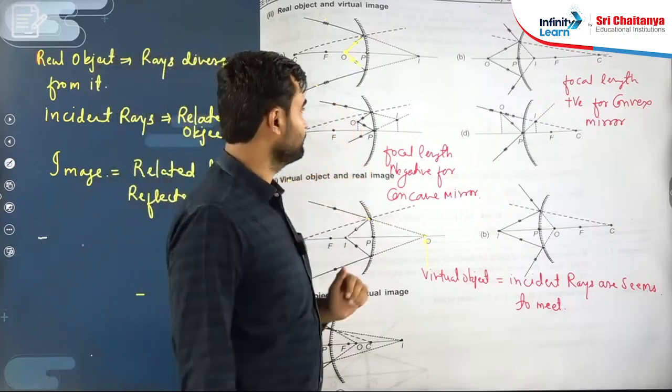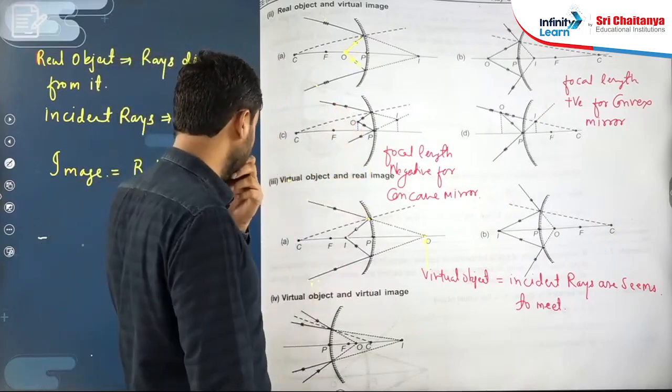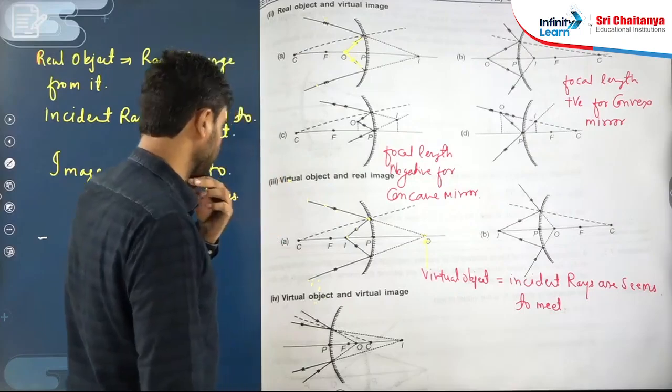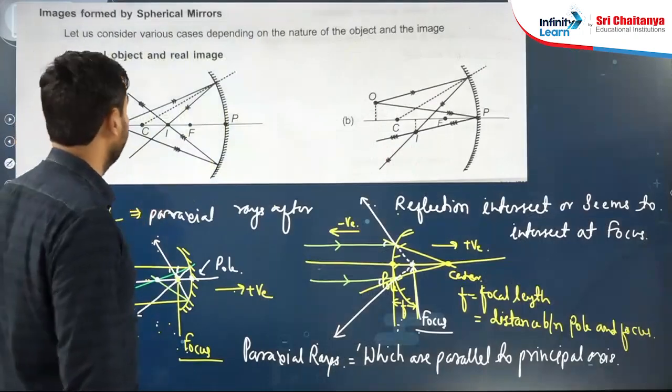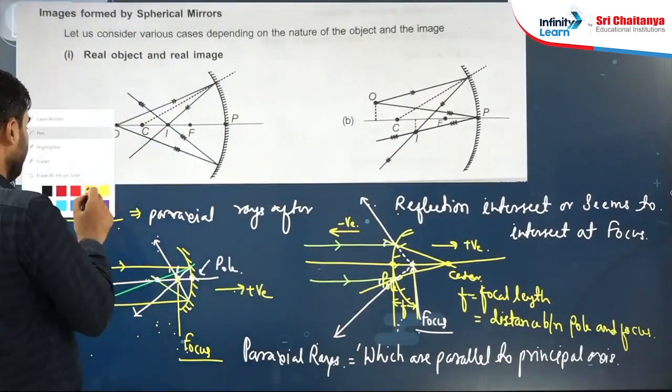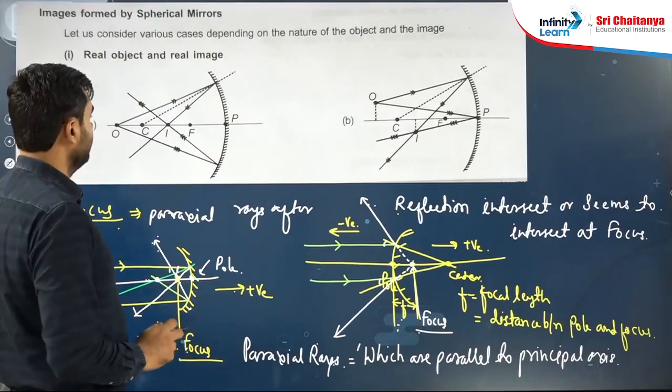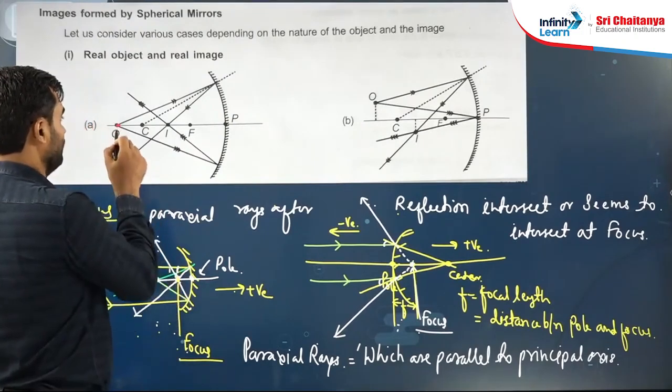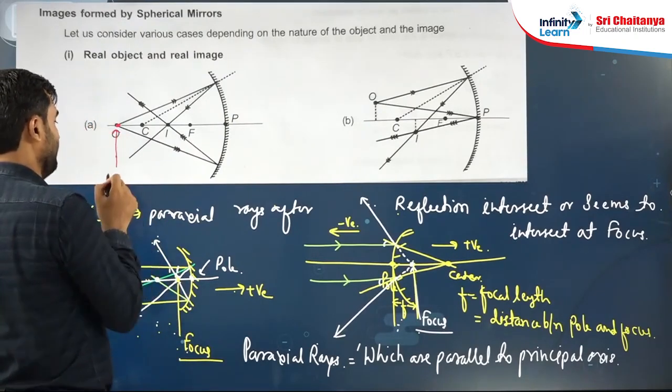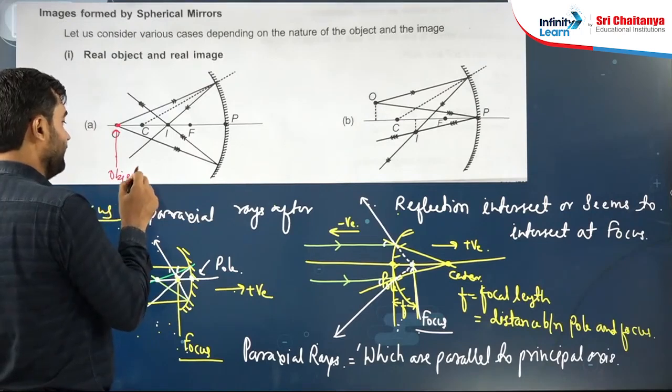Now if we take one more example here. Understand this point. Here is the object. How to identify the object?